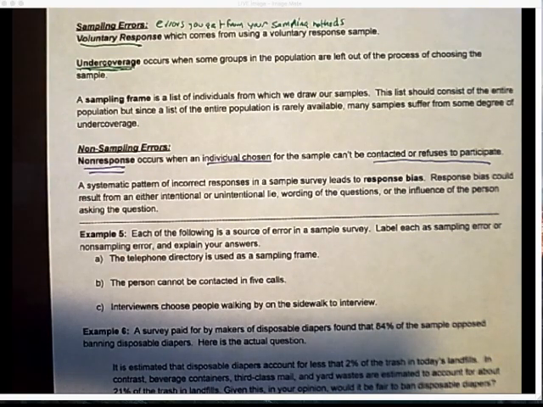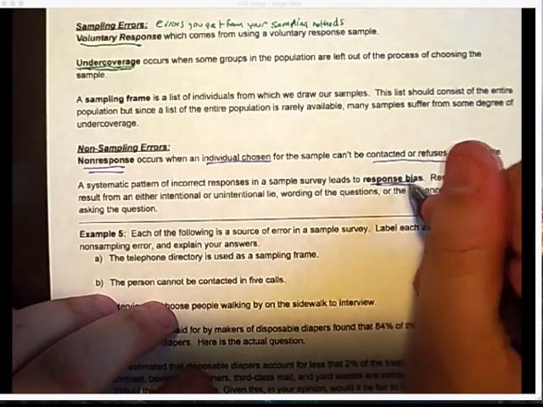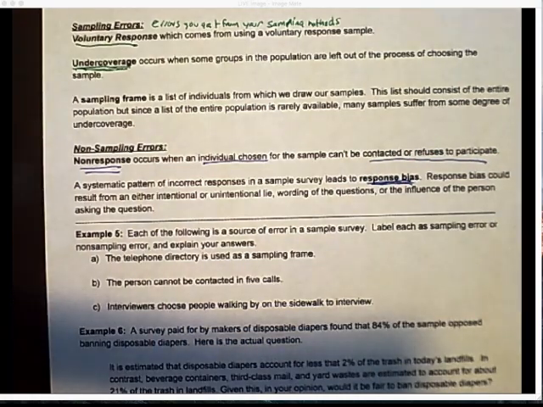Another type of error that we can get is response bias. We ask someone to participate in our survey and they agree, but they might not be telling the truth. Response bias could result from either an intentional or unintentional lie, the way we word a question, or the influence of the person asking the question.